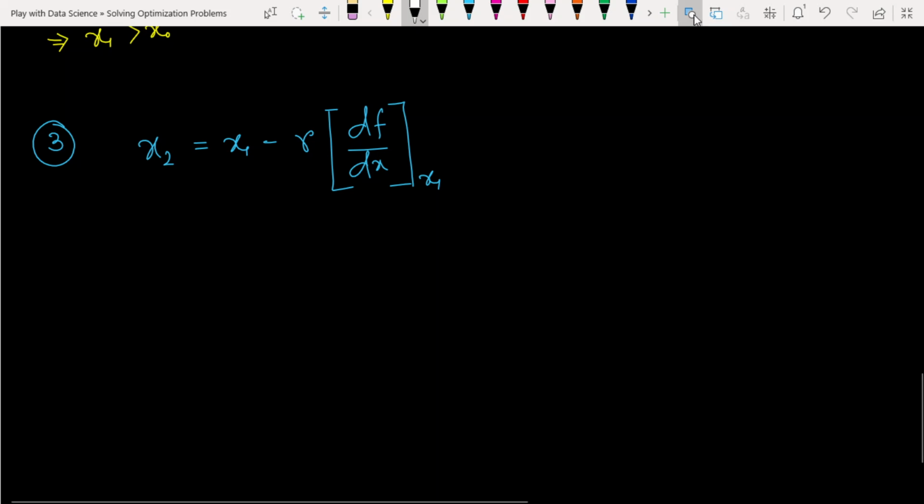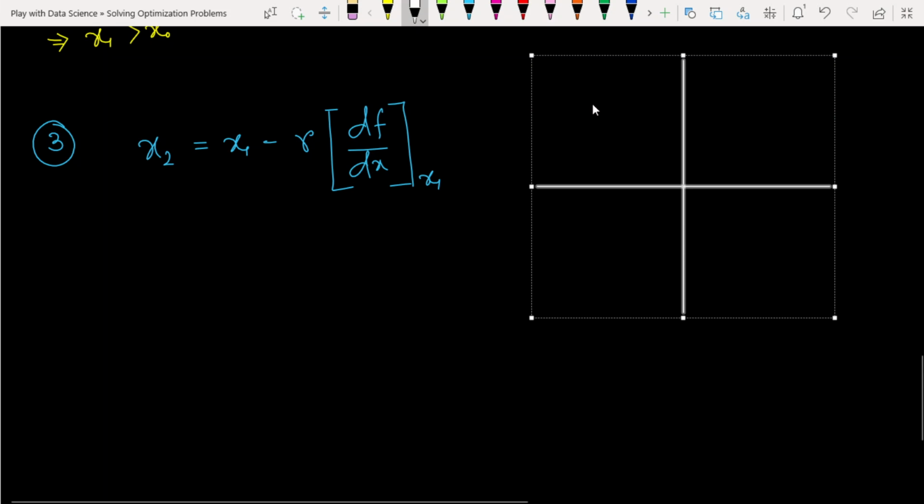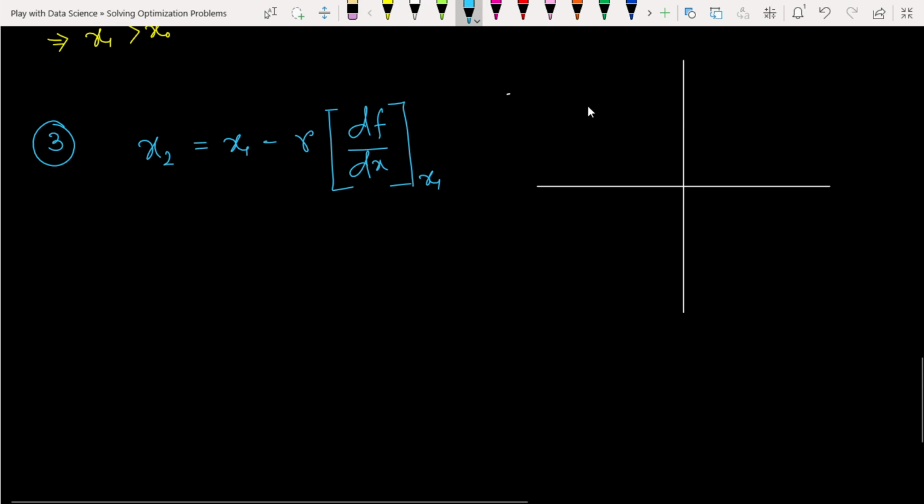How is it repeating? Let's redraw this picture again. We are repeating in such a way that this is our graph and this is our optimal point.